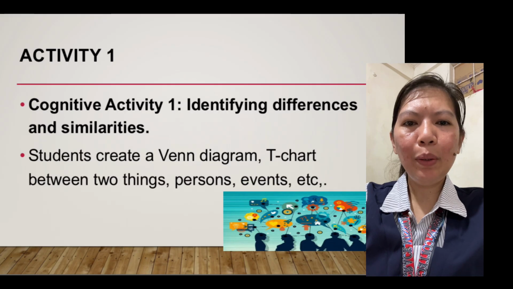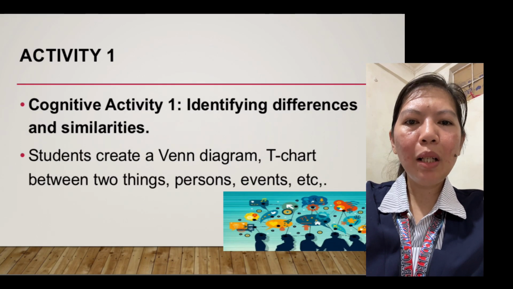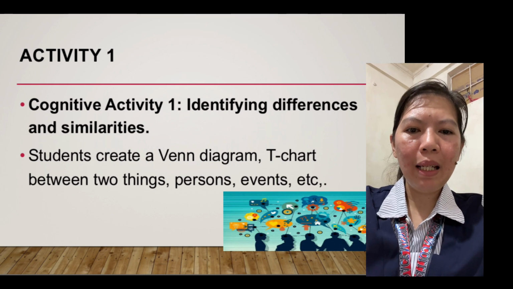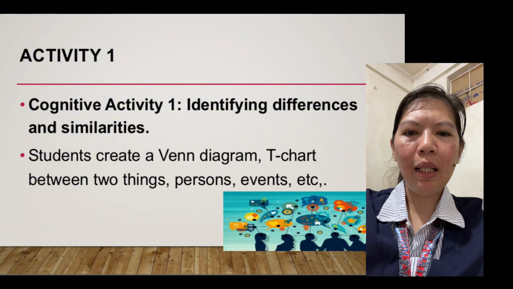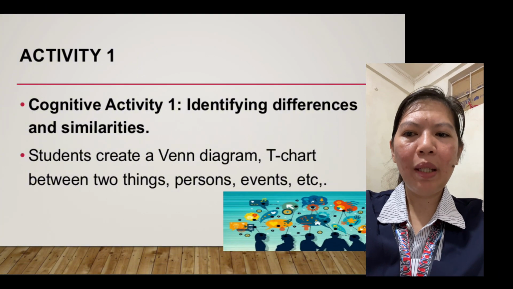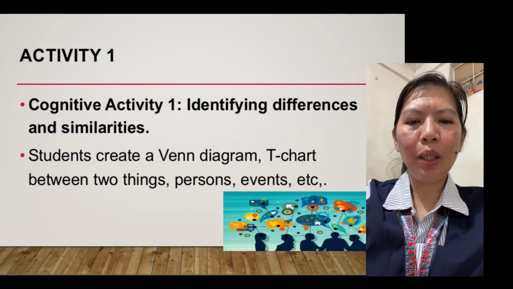I may now give you the first activity that I chose in the cognitive domain, which is identifying the differences and similarities between 2 things, persons, or events. A student will create a Venn diagram or a T-chart.